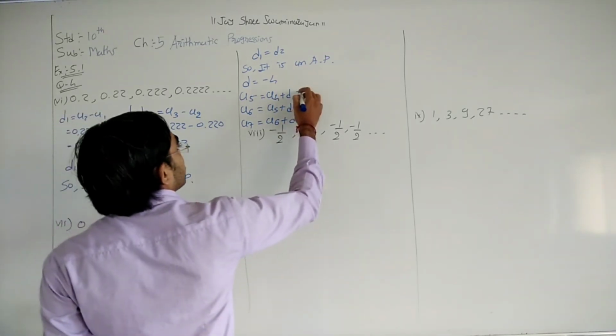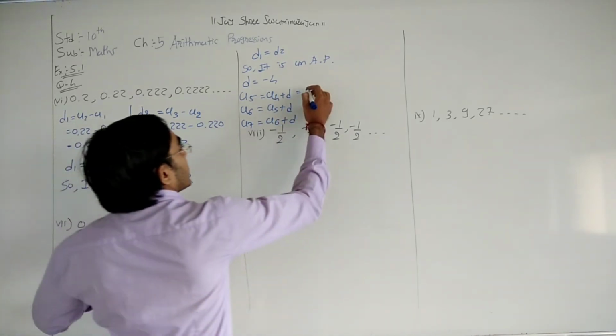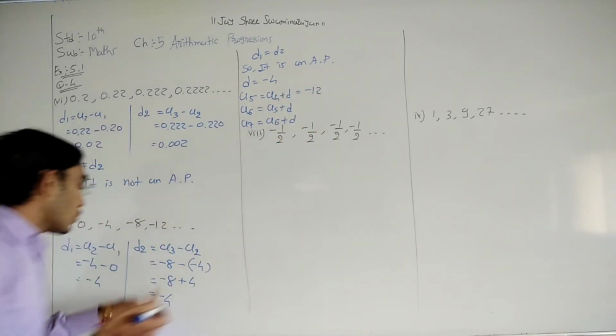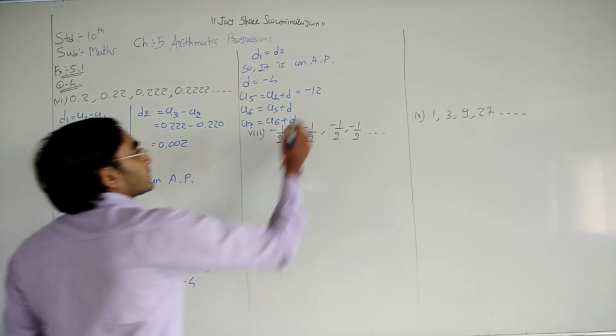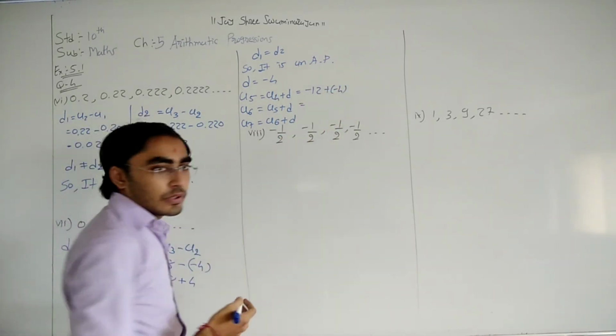Now A4, the fourth term, which is given to you, is minus 12, plus common difference D, minus 4.